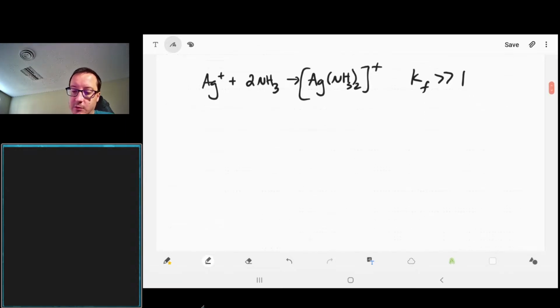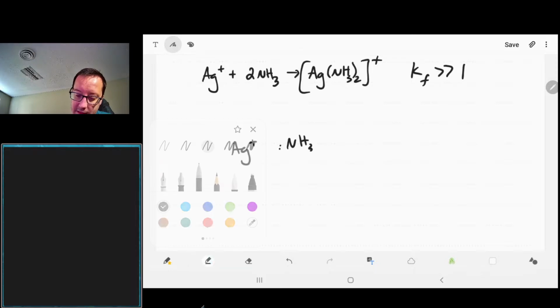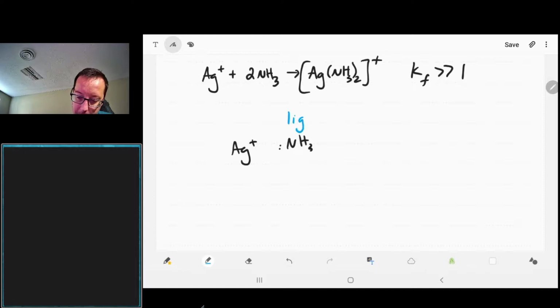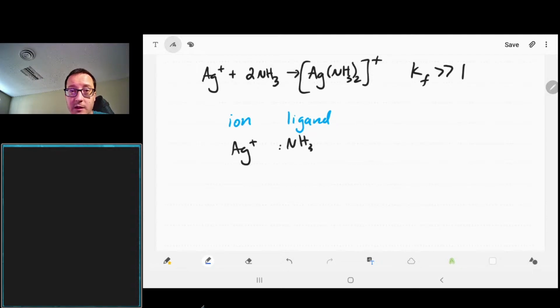How these actually work is you will have your transition metal ion, and you'll have what are called ligands. And what happens is those ligands always will have a lone pair, at least one lone pair, by the way.